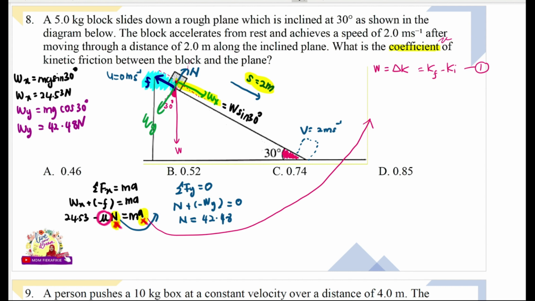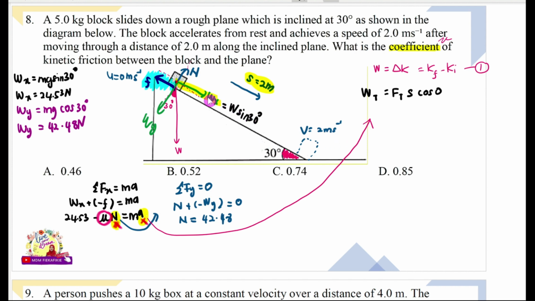Okay, work energy theorem. The total work done, objek tu bergerak ke bawah, so the object is moving in this direction. The total work done is equal to total force Ft times S cos 0. Mestilah kita ada total force in this direction yang menyebabkan dia boleh bergerak, mengalami perubahan velocity daripada 0 to 2 meter per second.